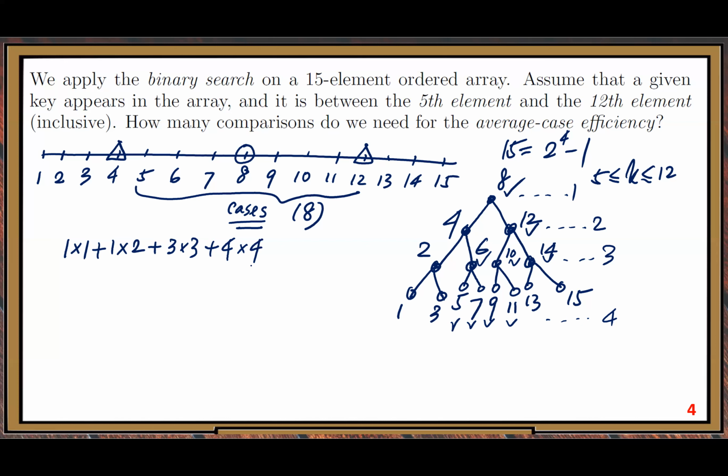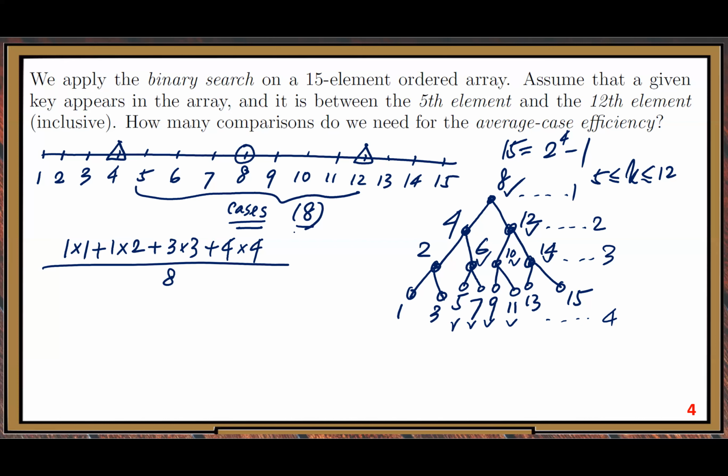So 8, 1 comparison; 12, 2 comparisons; 6, 10, 14; 5, 7, 9, 11. Why is it wrong?